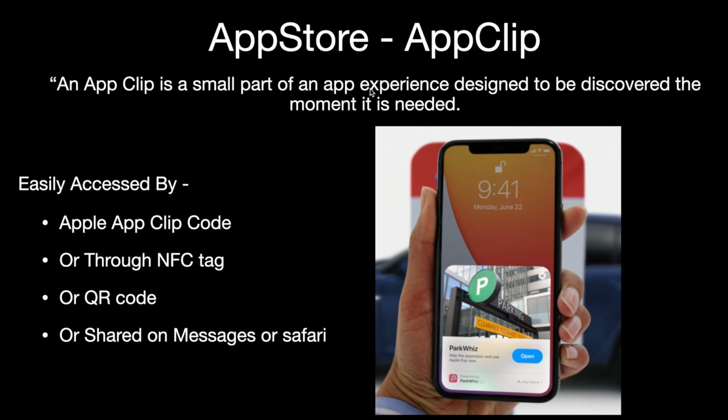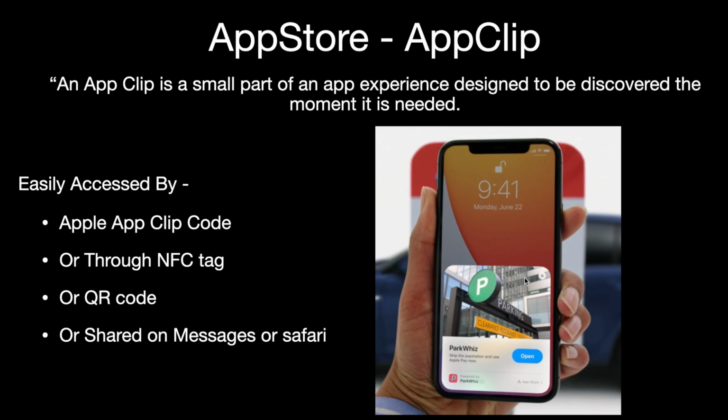And then with the App Store, we have App Clip. With App Clip, this is a new way to access any application available in the App Store. What Apple has defined is that an App Clip is a small part of an app experience designed to be discovered the moment it is needed.